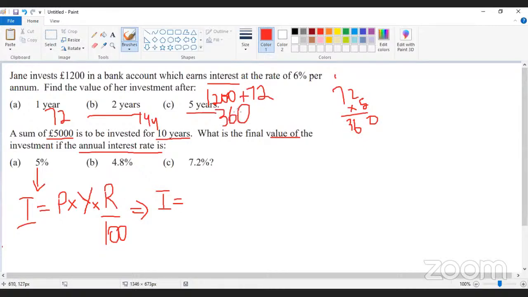Got it? After 1 year, it is 1,200 plus 72. After 2 years, it is 1,200 plus 144. After 5 years, it is 1,200 plus 360.